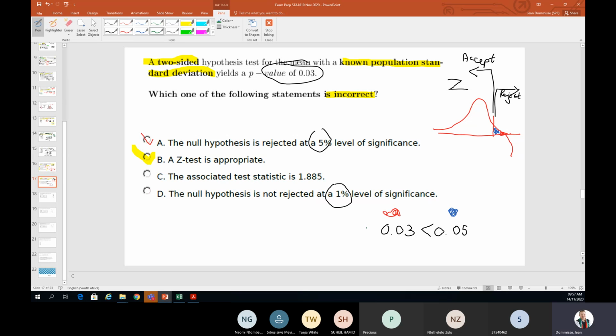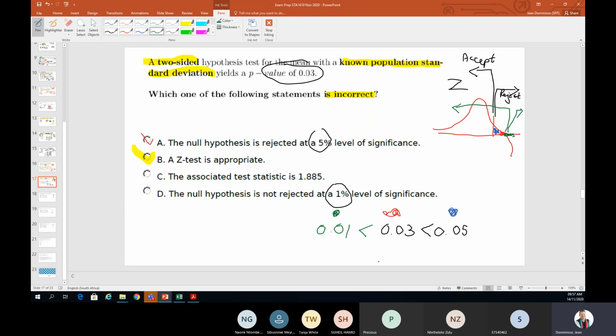Then we check if that is still smaller than the red part. So when we say the same here, we accept, we reject.